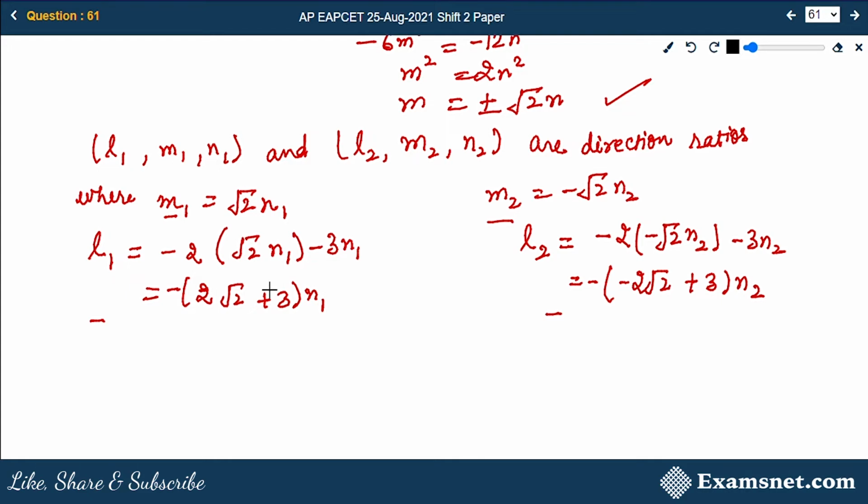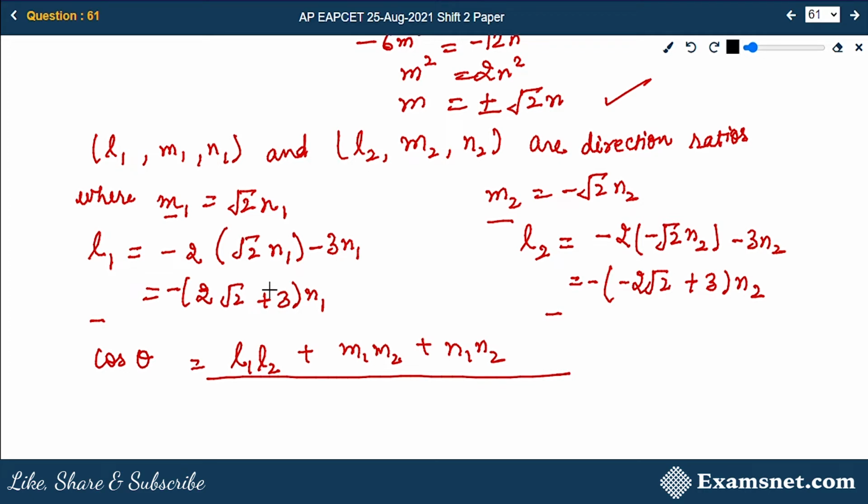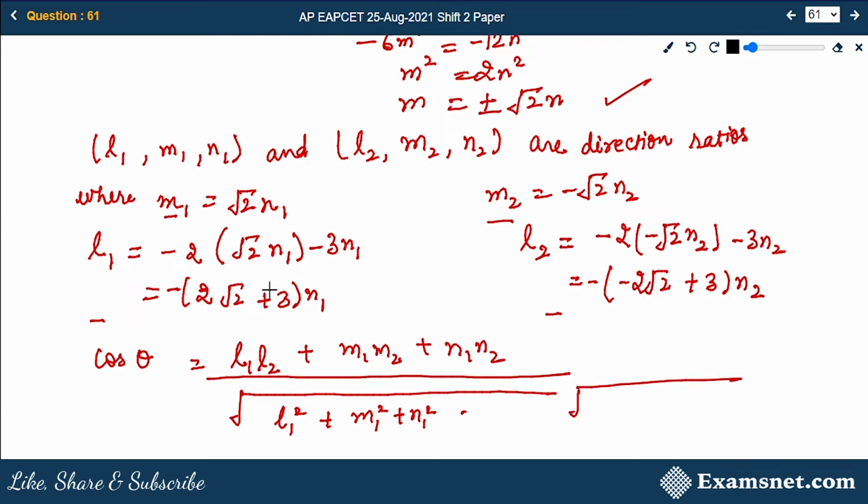Now, cos of theta, that is the angle between them, is given by the formula l1 l2 plus m1 m2 plus n1 n2 divided by root of l1 square plus m1 square plus n1 square, right, multiplied by the under root of l2 square plus m2 square plus n2 square.